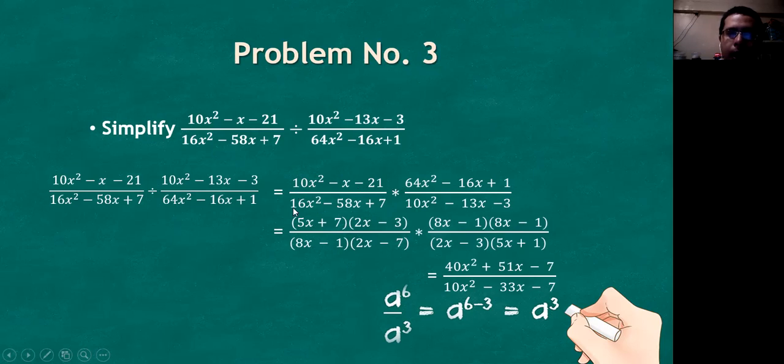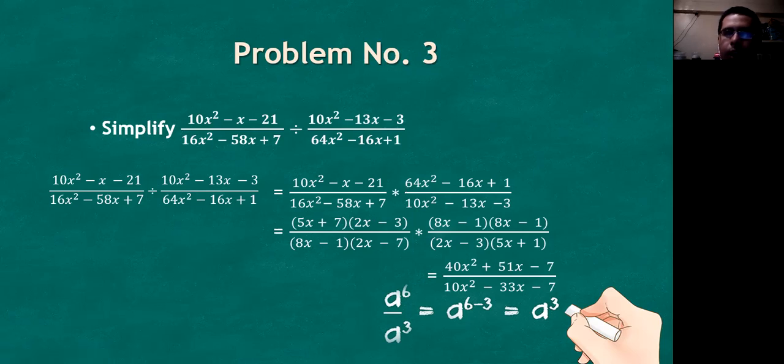Likewise, in your denominator, 16x squared minus 58x plus 7, the factors are the quantity 8x minus 1 multiplied by 2x minus 7. These are the factors of 16x squared minus 58x plus 7, by trial and error method.